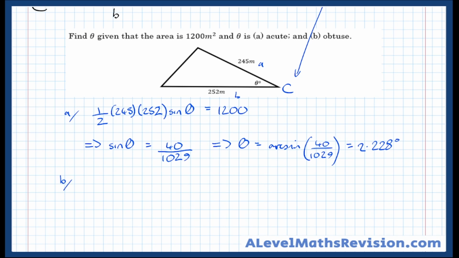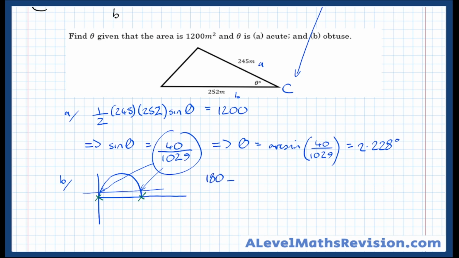Part (b), however, says that the angle's obtuse. Well, thinking back to the last section, we know that the sine function equals this value in two places, there and there. So as I did before when solving a trig equation, put a cross at the start of the graph and all the corresponding points, and the solutions are 2.228 degrees away from these crosses.